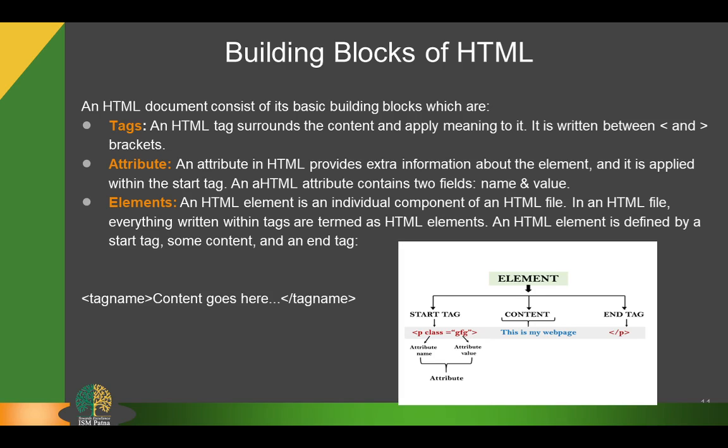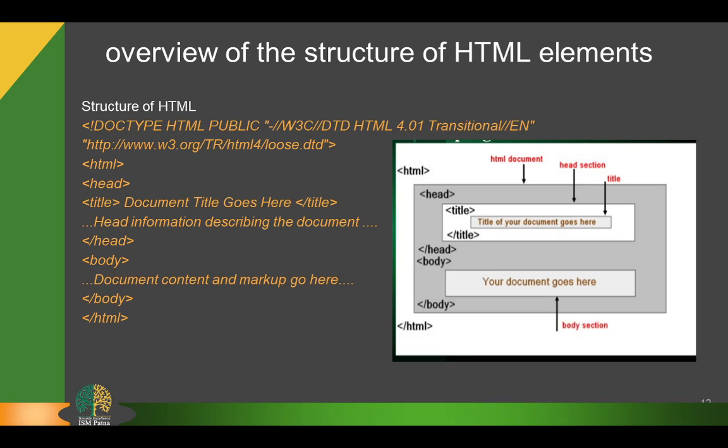So here we have discussed the building blocks. Now we will discuss the overview structure of the HTML element. Here you can see this is the structure. We have HTML. This is the root tag of any HTML document. HTML consists of head tag and title tag inside it.